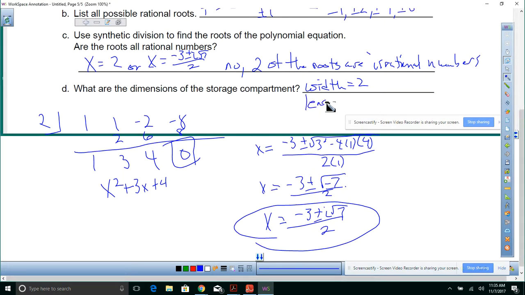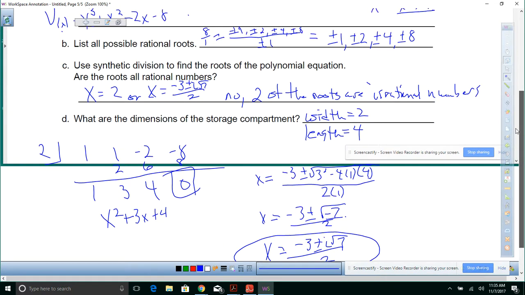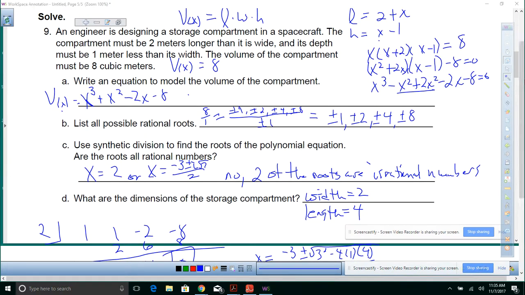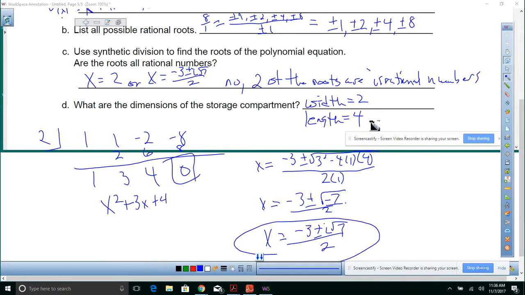The length is 4, and the height is 2 minus 1, so the height is going to be 1 meter, the length is 4 meters, and the width is 2 meters. Okay, 1 meter deep. All right, good job, folks.